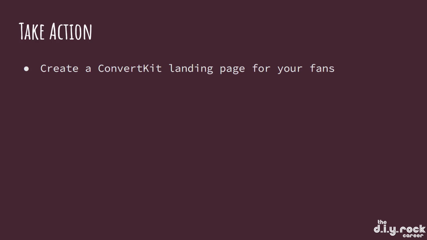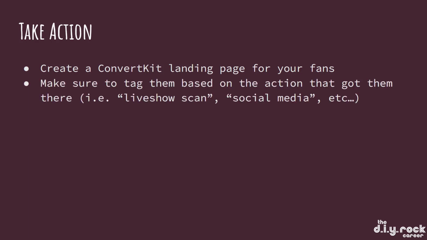Now that we've got our landing page, our tags, and our QR code ready, we're just going to go ahead and take those actions. So create a ConvertKit landing page for your fans so that they can go there and submit their email address. Make sure to tag them based on the action that got them there. So if it's for an unreleased track or behind the scenes footage or a live music performance or a new music video or whatever it is, make sure you put that in the name and tag them as taking that action for that thing, right?